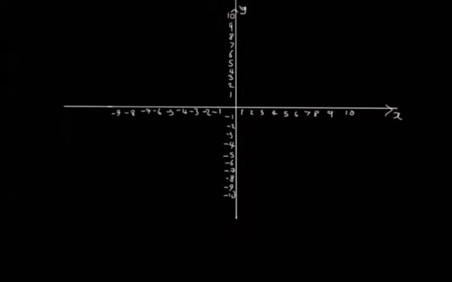So let's have a look at, get our grid line in, and let's think about y equals 2x plus 3 for values of x from -5 to 5.